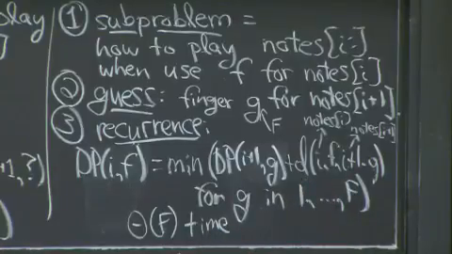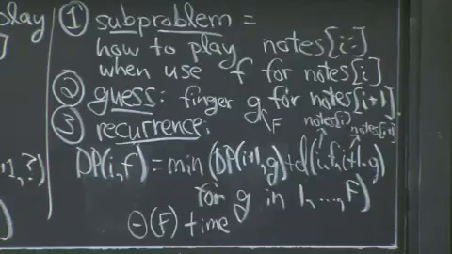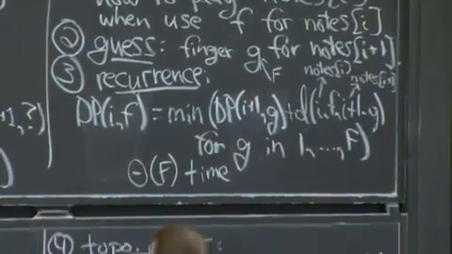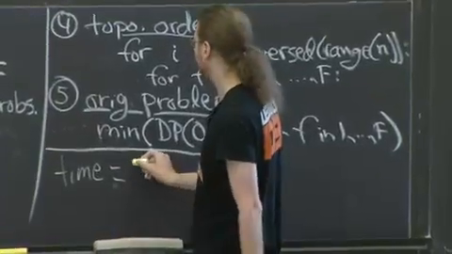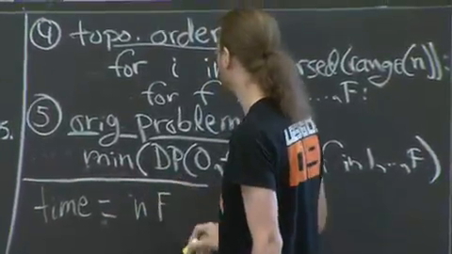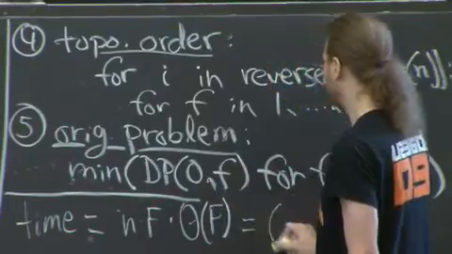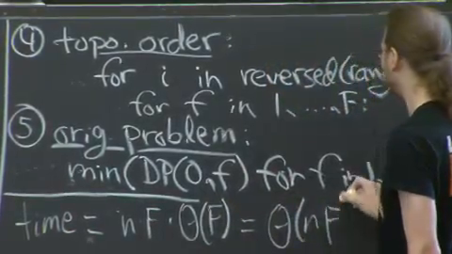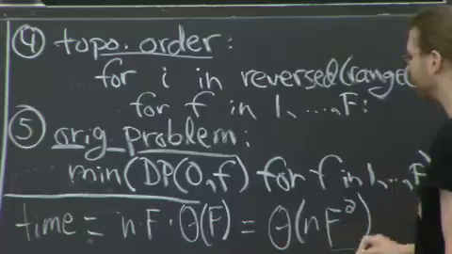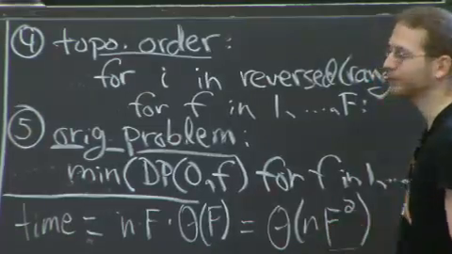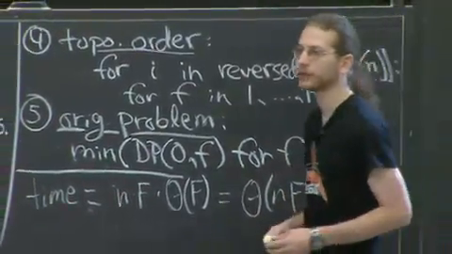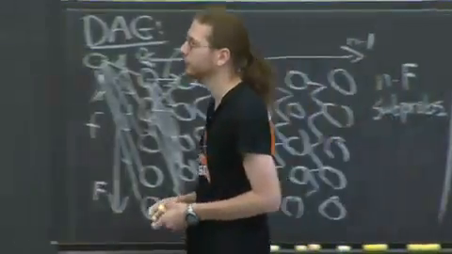This is theta f time, so we multiply those two things together. And we get the total time, the number of subproblems, which is n times f, and we multiply by theta f for each subproblem. So this is n f squared. And given that f is usually pretty small, that's almost linear time. So that's a pretty good algorithm.